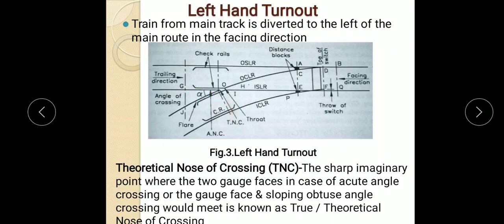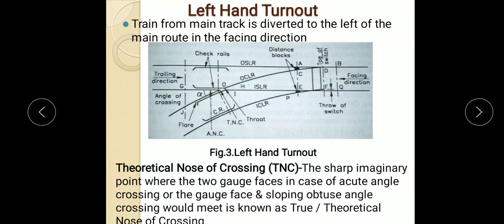So the gauge of one track crosses the gauge of the other track at an angle alpha, and this imaginary point is called the theoretical nose of crossing or true nose of crossing. And these are crossings which meet each other at an obtuse angle.